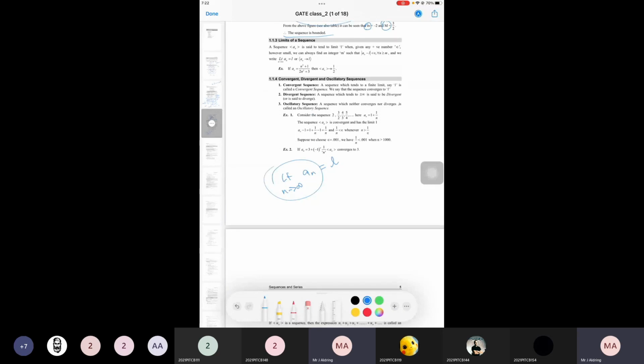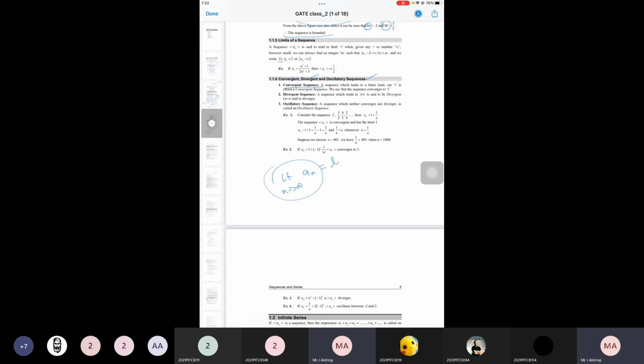Now, the convergent, divergent and oscillatory sequences. A convergent sequence is one that converges to a certain finite number. Divergent means that if you find the limit of the sequence to be plus infinity or minus infinity, that is a divergent sequence.